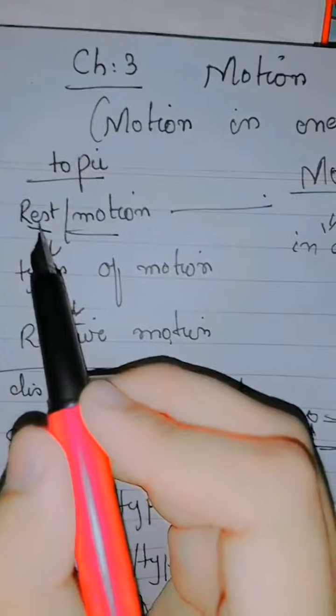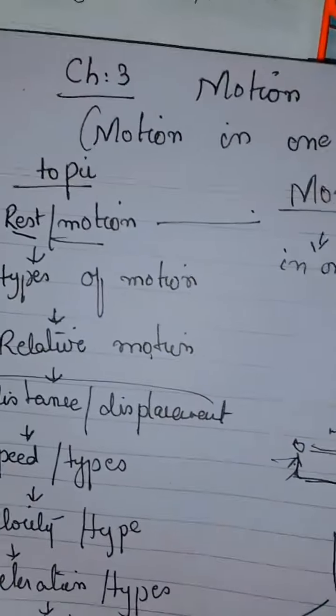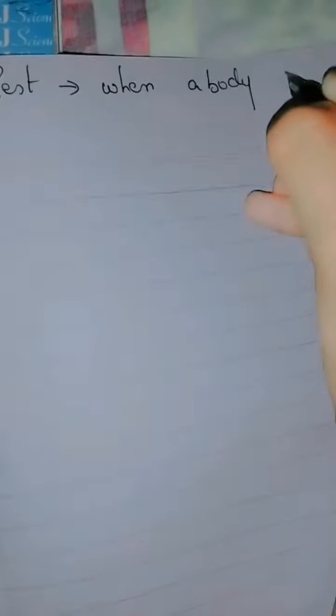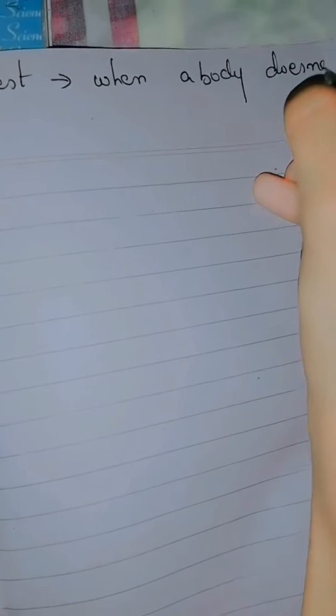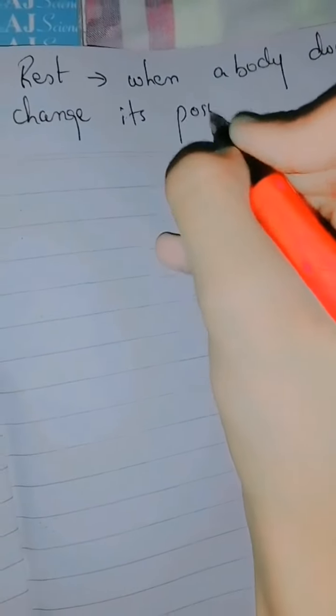Talking about the difference between rest and motion, what are rest and motion? Rest is basically when a body does not change its position with respect to its surrounding.